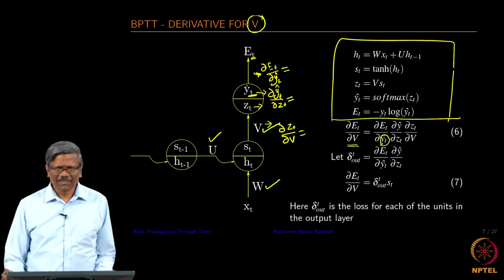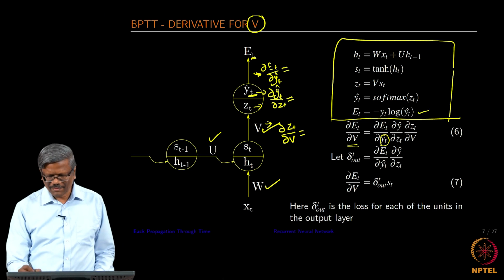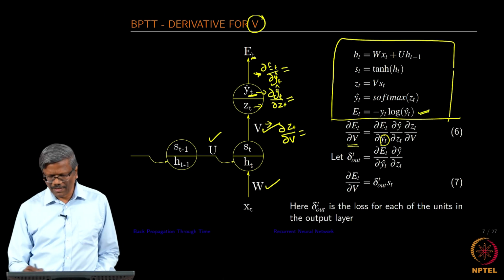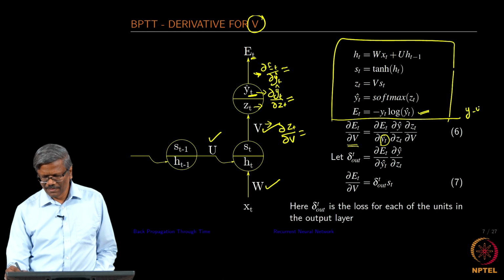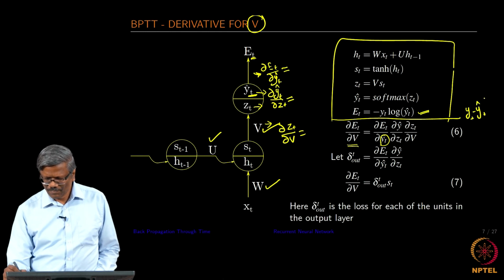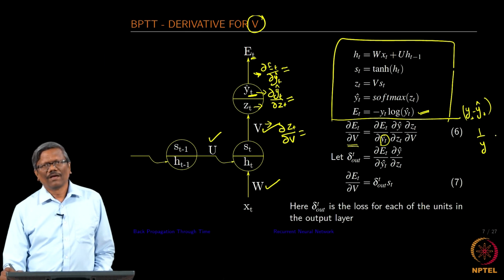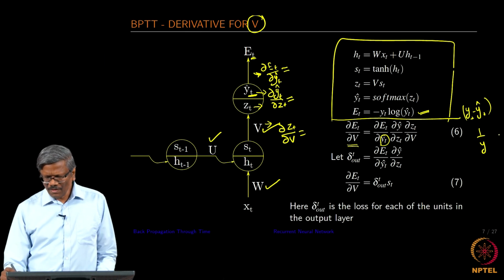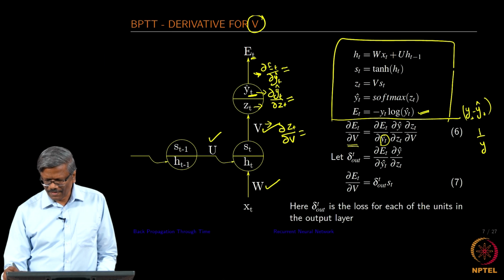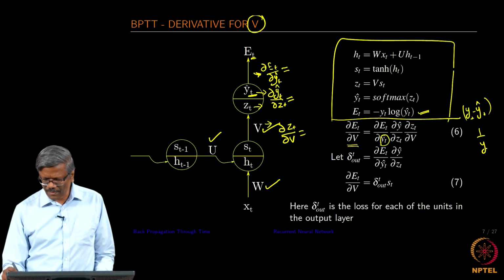When we differentiate with respect to this, it is nothing but changing this value. If you use a mean square error, this is going to be y minus y hat, or it will be 1 by y if you are going to be using a cross entropy model. This becomes 1 because we are going to be using a one hot vector.